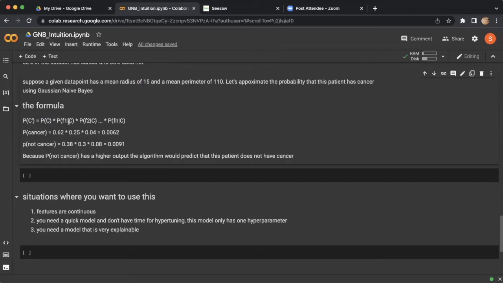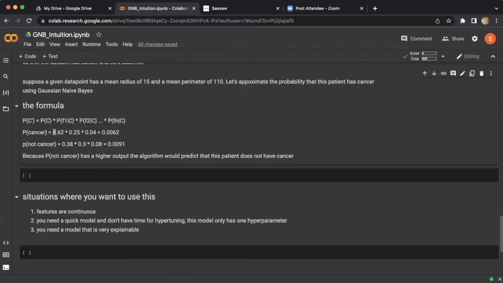In this case, it would be the radius given that they have cancer. So the probability of the radius being 15 given that they have cancer, the probability of the perimeter being 110 given that they have cancer, and then so on for situations where we have more features, which most situations will, of course.